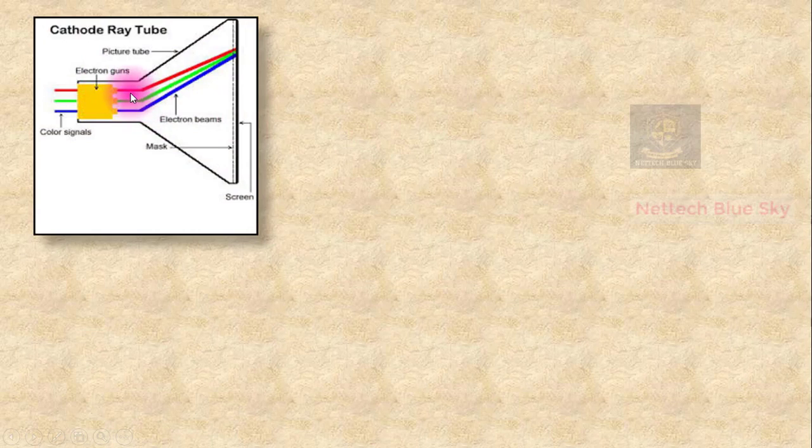So inside the picture tube, the electronic beams and the mask calculate how much size these color flows and beams take on the screen.